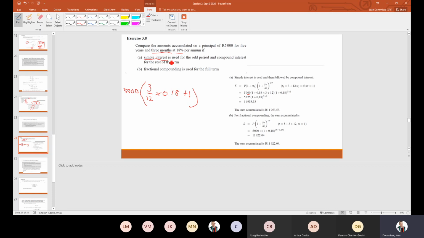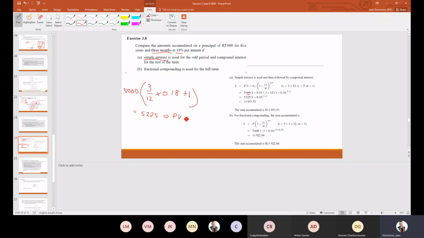The simple interest was used for the odd period. So that answer would have been 5225. So now what you can do is that 5225 you can use as a present value and use your calculator.